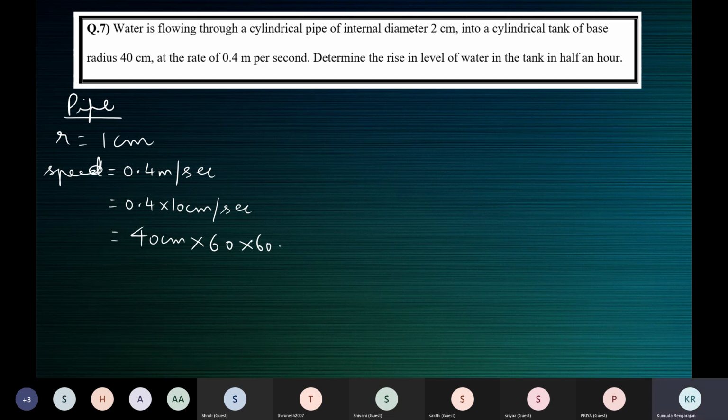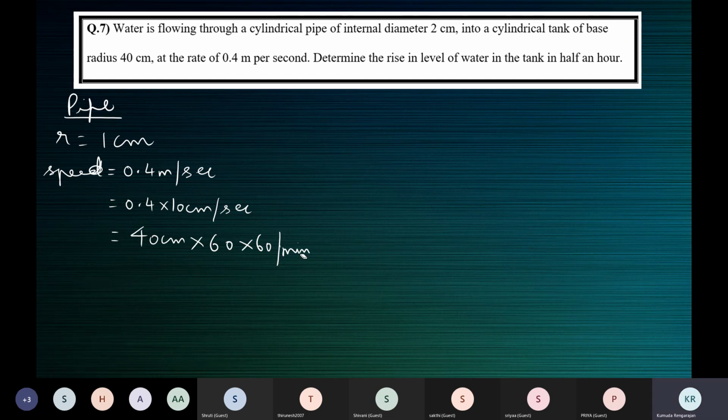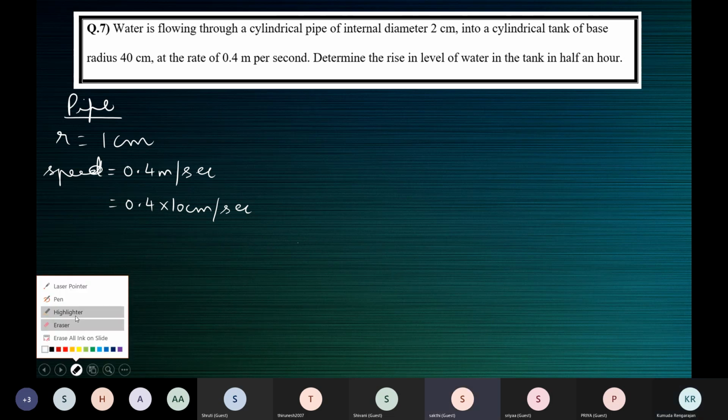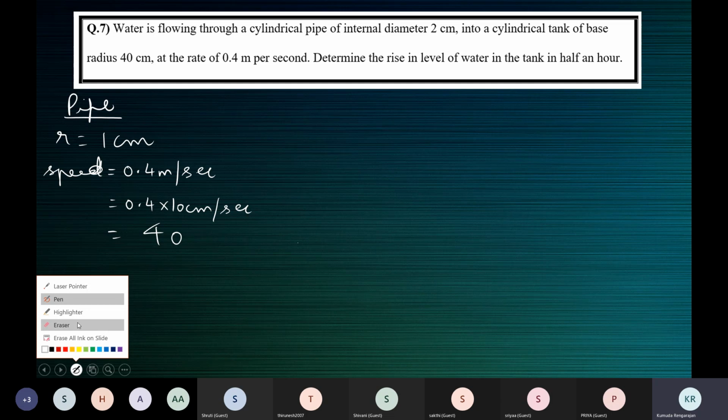Now what have I done? Or maybe I'll not convert it here for you. I'll do it in the answer. I'm converting meter into centimeter.